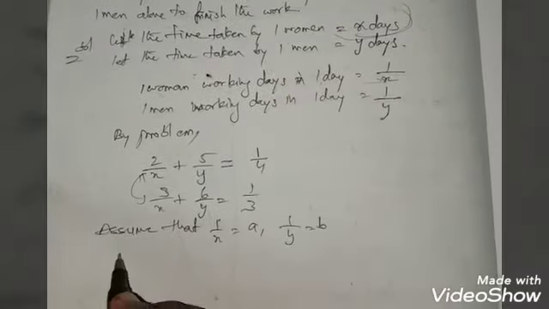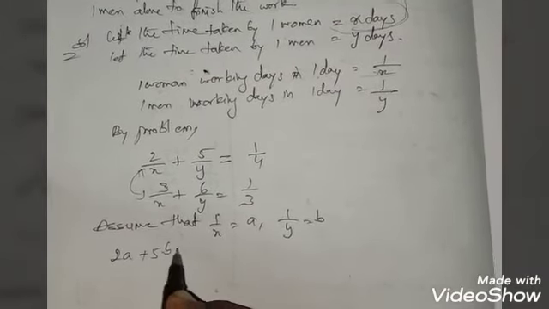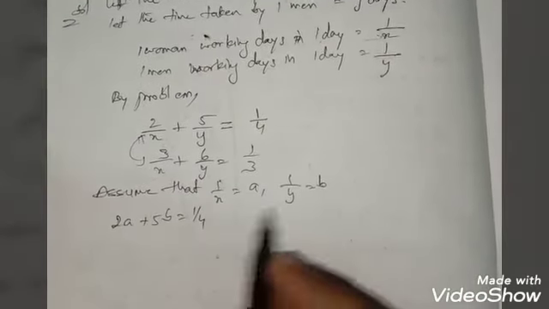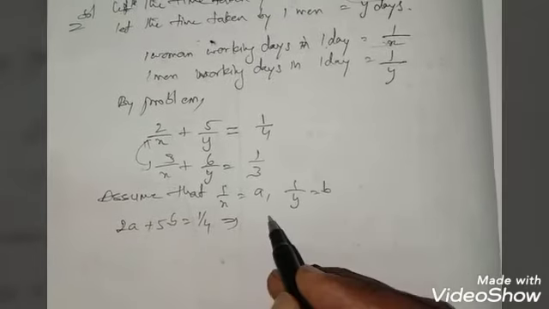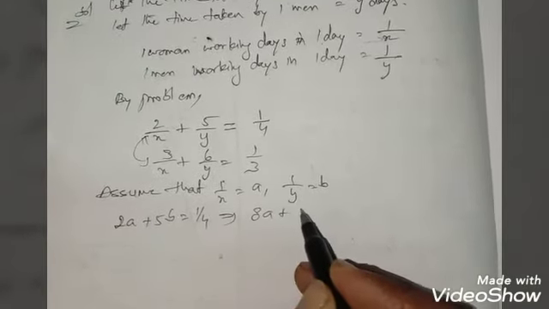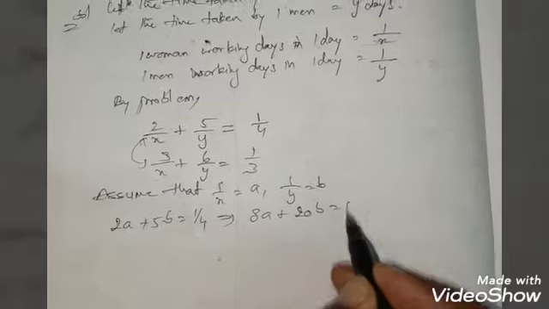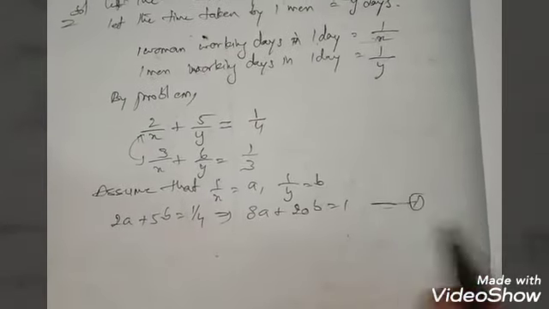So this becomes 2a plus 5b is equal to 1 by 4. Multiply by 4 and you will get 8a plus 20b is equal to 1. This will be my first equation.